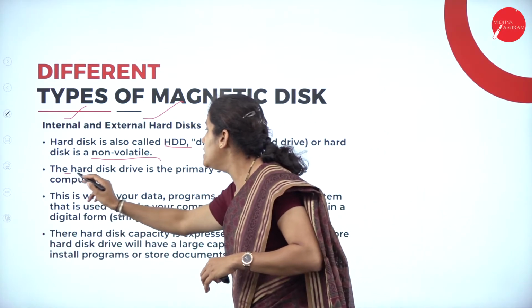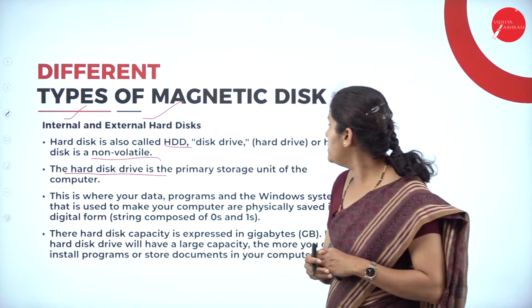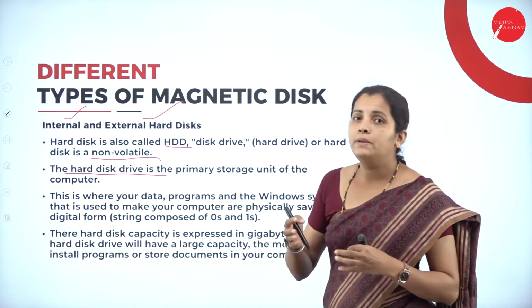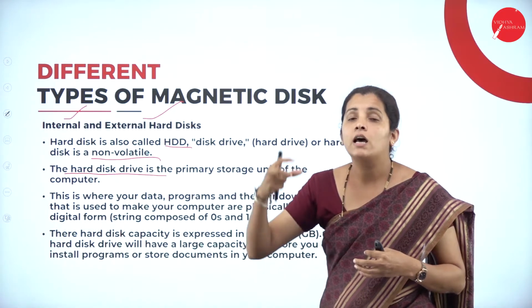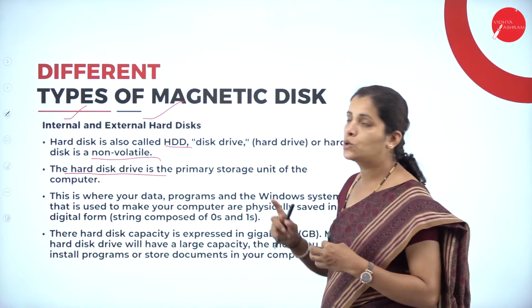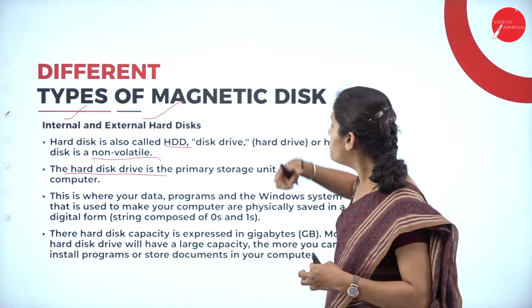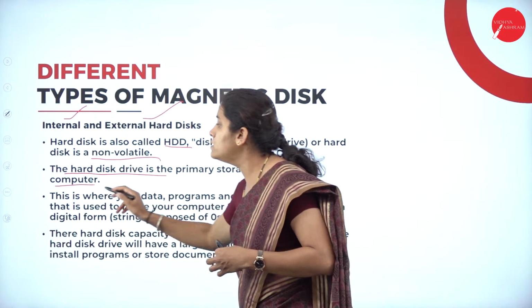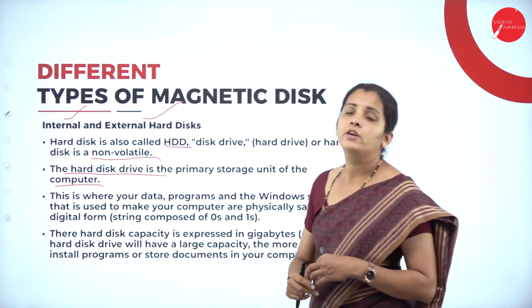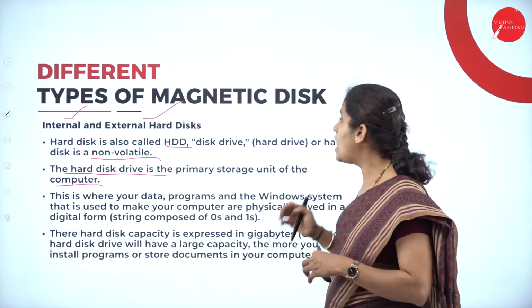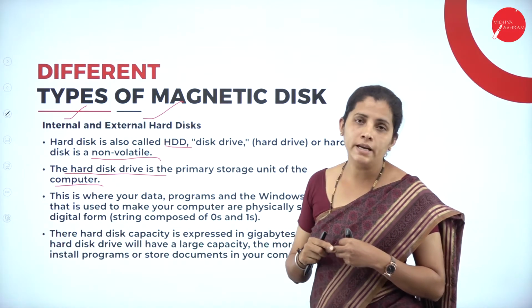The hard disk drive is the primary storage unit of a computer. That means all the data are stored in the computer in a secondary storage device. It is the way your data, programs and instructions are stored permanently.